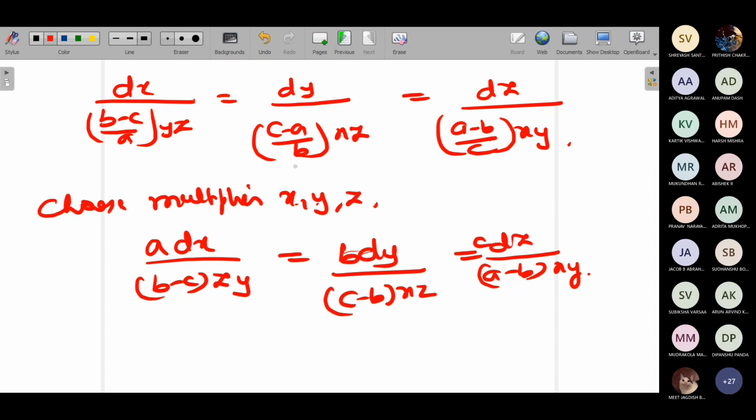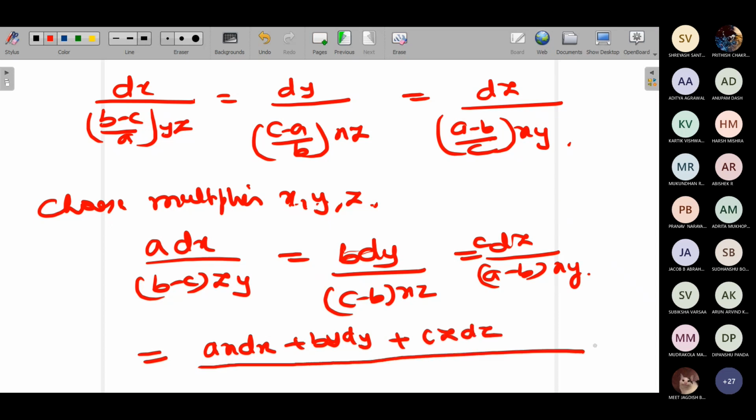I have chosen the multipliers x, y and z. So what will happen here? You will get ax dx plus by dy plus cz dz whole divided by, I'll write it directly, b minus c into xyz plus c minus a into xyz plus a minus b into xyz.